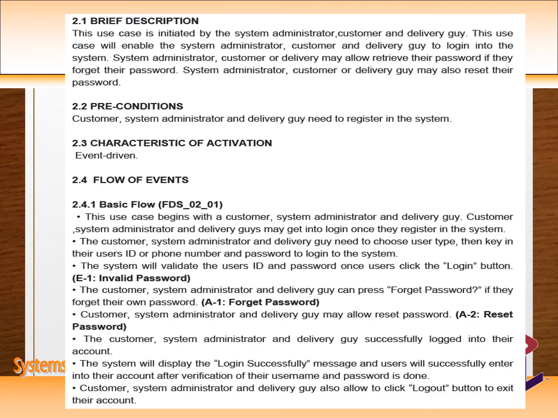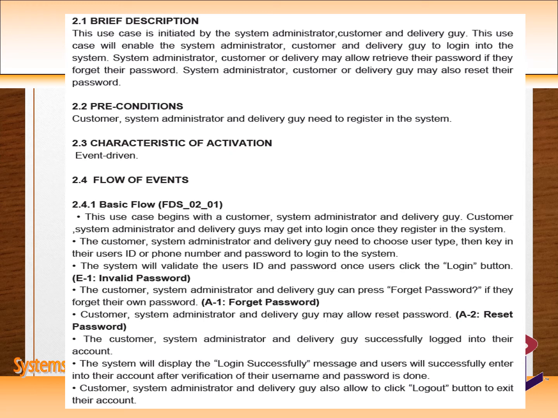This is an example of a use case specification. If I'm not mistaken, this is a use case for authentication or login. It started out by describing the use case, to give an idea who the actors involved are.